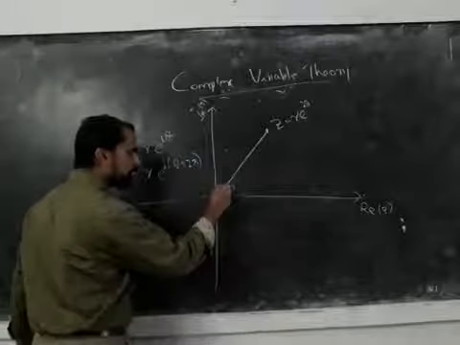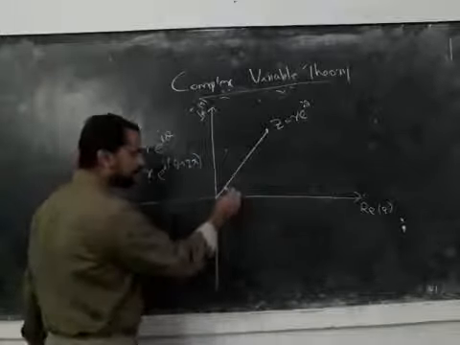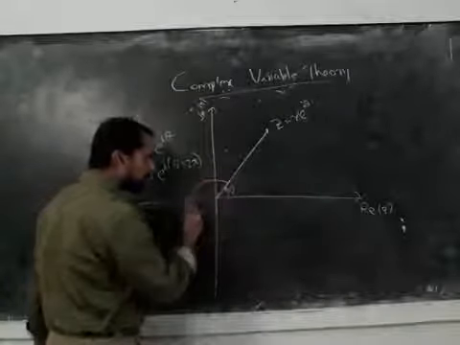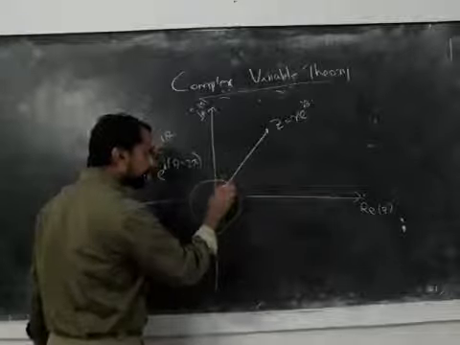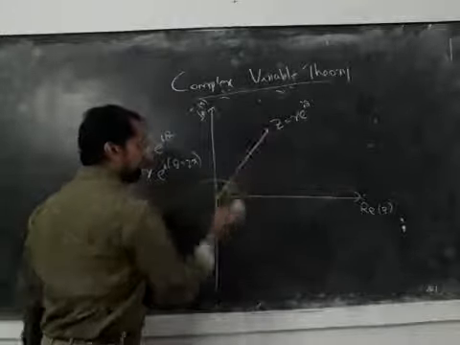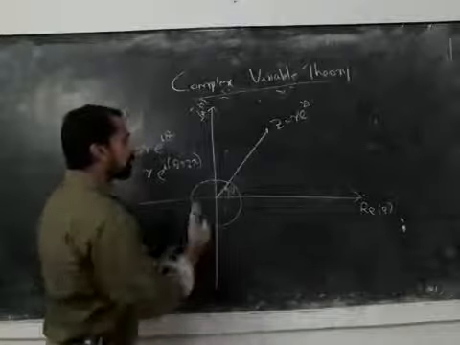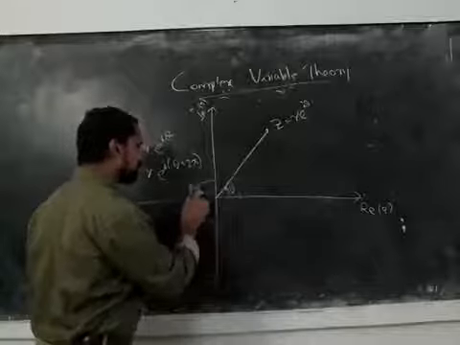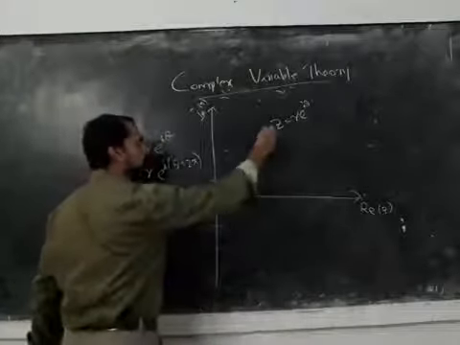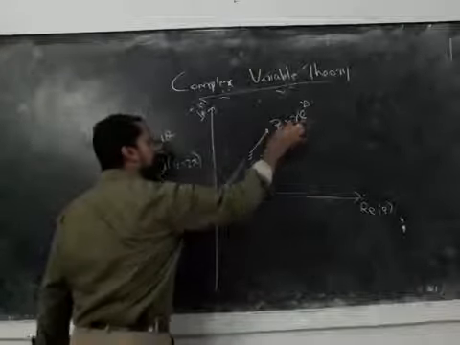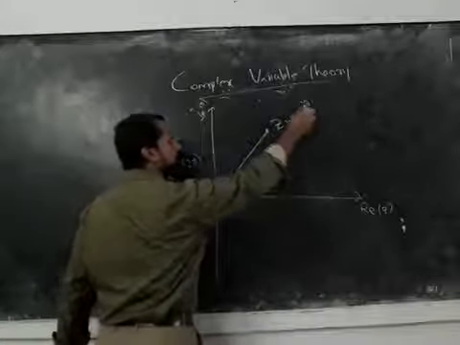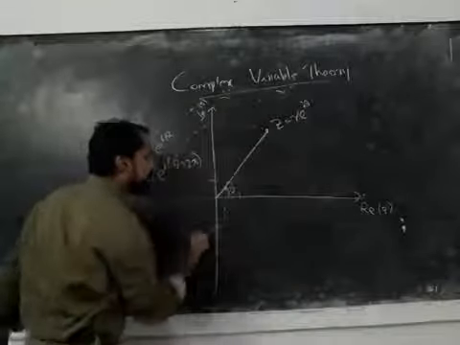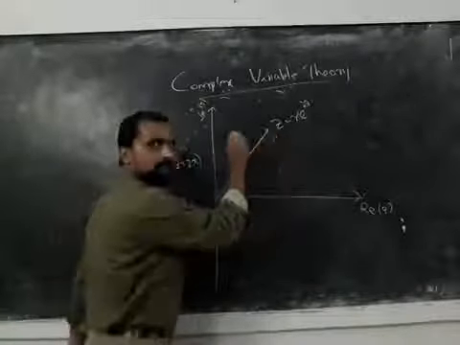So this is here now, and if I add another 2 pi, this will come back to this point again. So this will be again coming back to the same point.